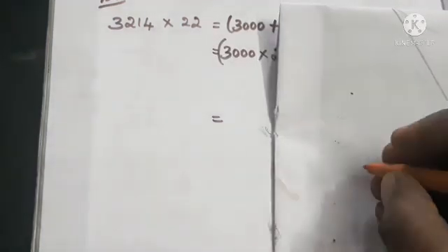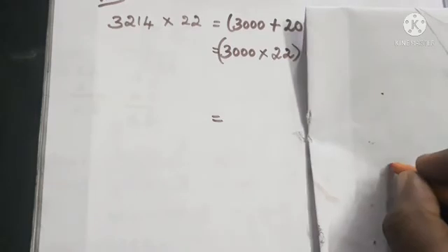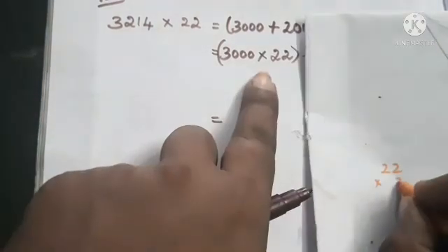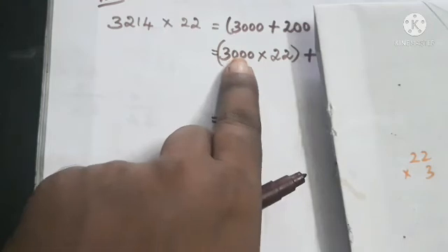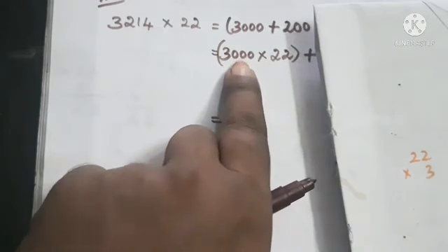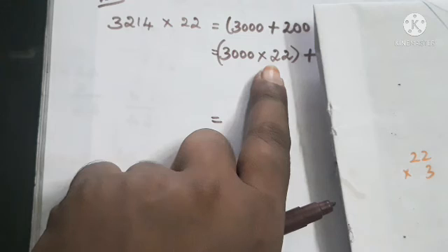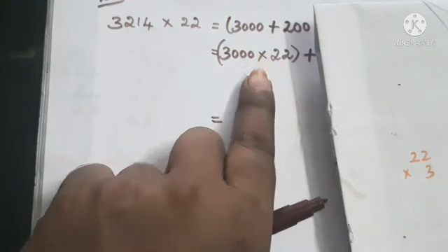Here I have no place, that's why I am going to write in the rough paper. Because in the ones, tens and hundreds places we have 0 now, I am going to take the 3 alone and multiply by 22. And next we can place the zeros at the back of that number.